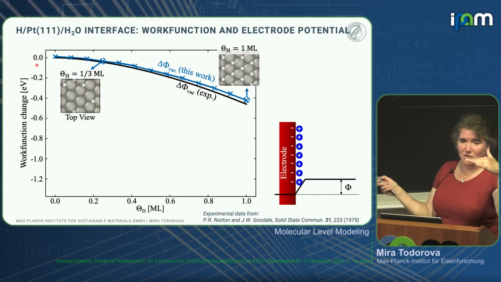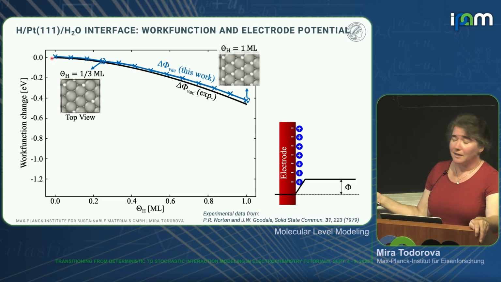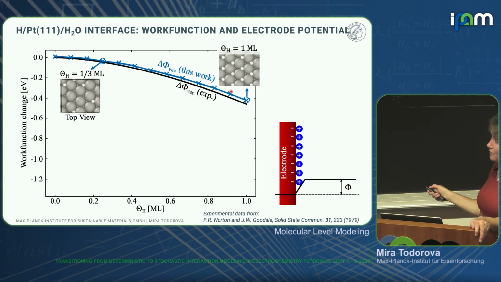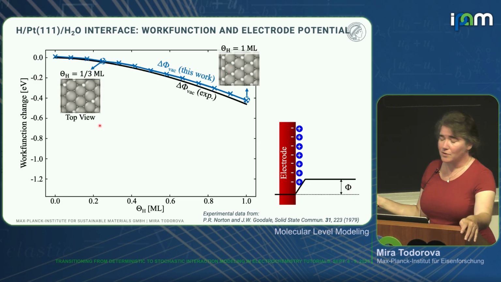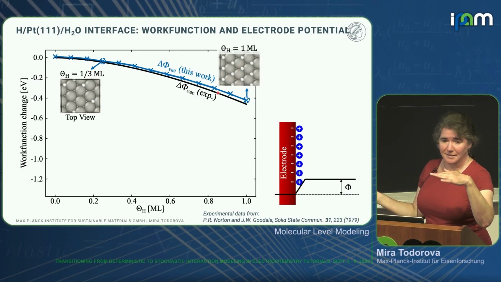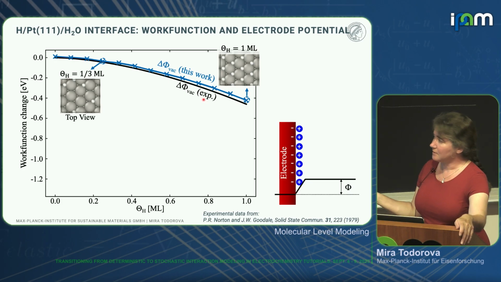And when I start putting in hydrogen at different coverages, increasing up to 1 monolayer, which means that all the possible sites on the surface are occupied by hydrogen, the ratio of hydrogen to platinum in the first layer is exactly equivalent.